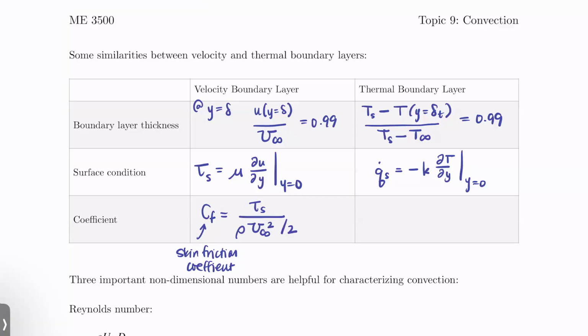All right, and then for a thermal boundary layer, this coefficient is just the convective heat transfer coefficient, H. So this is Q dot S divided by TS minus T infinity. So far, so good? Okay.